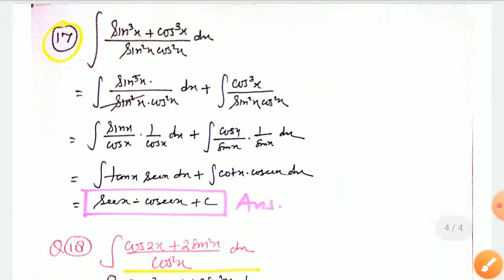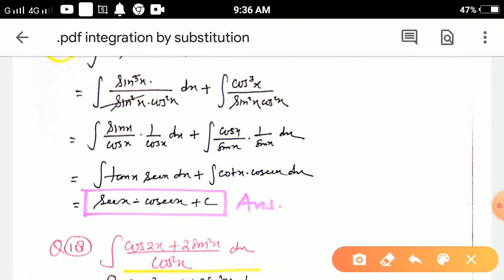Now we know that the integration of tan x sec x dx is equal to sec x, and the integration of cosec x cot x dx is equal to minus cosec x, and c is the integration constant.